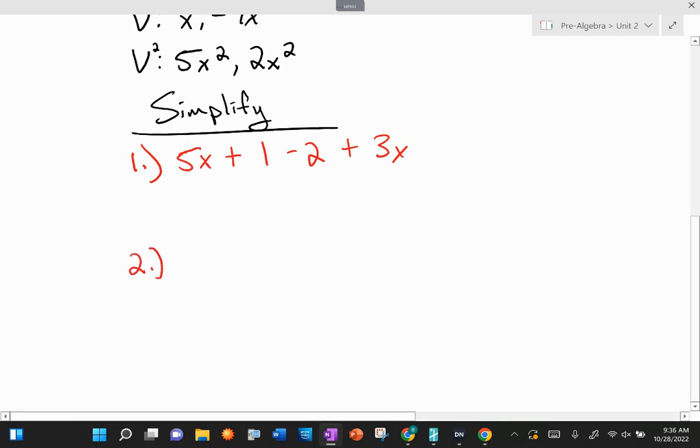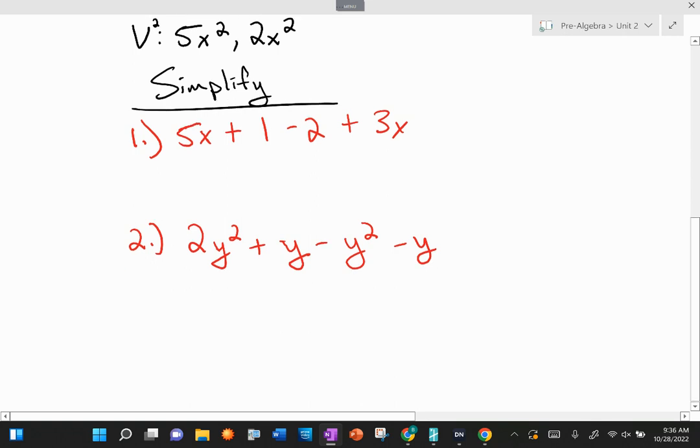Then we'd also have, let's do 2y squared plus y minus y squared minus y. And then we'll do one more.